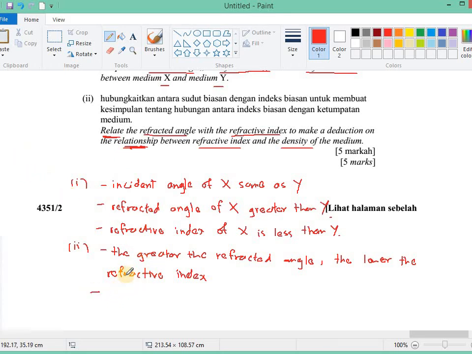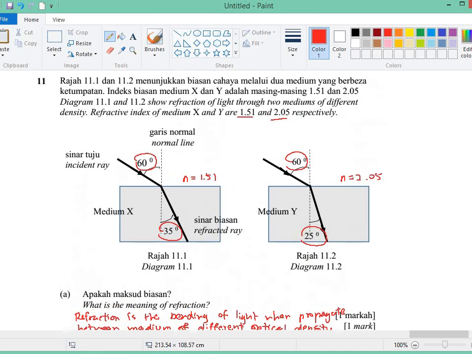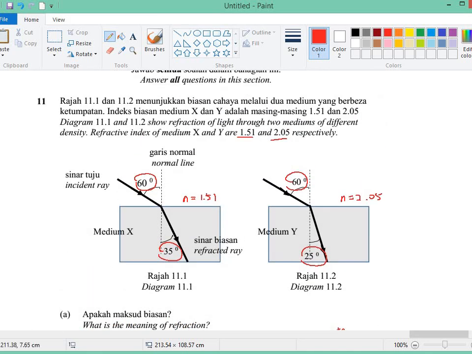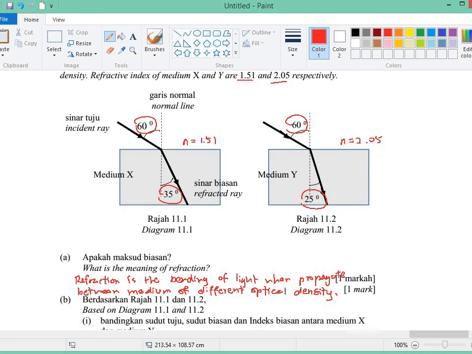Next is the relationship between refractive index and density. Is there anything that tells us about density? It just says different density, but it doesn't tell us. That means only from the refractive index can we deduce the density. Usually an object of greater density will have a greater refractive index.